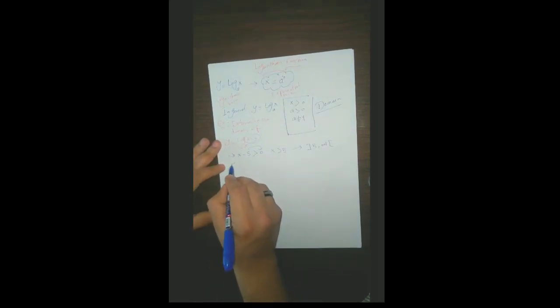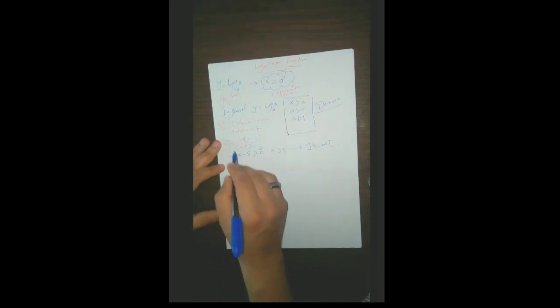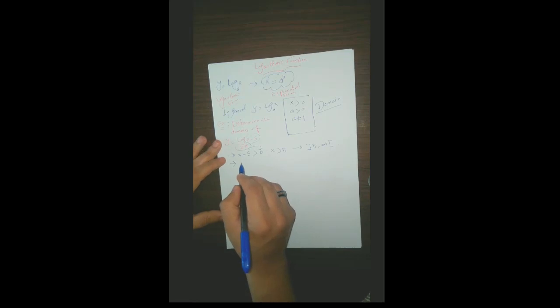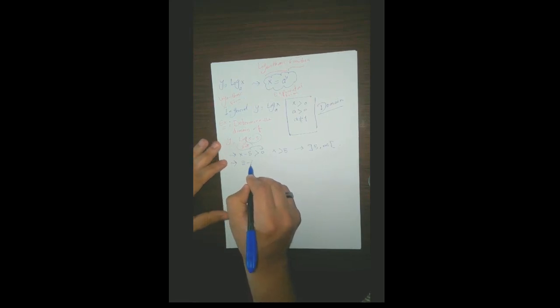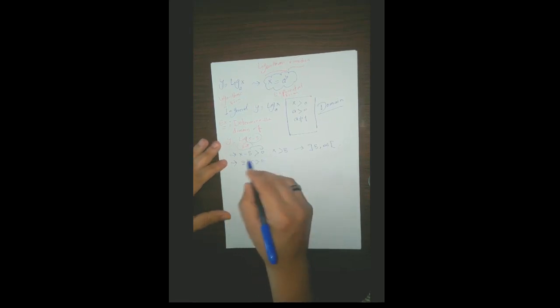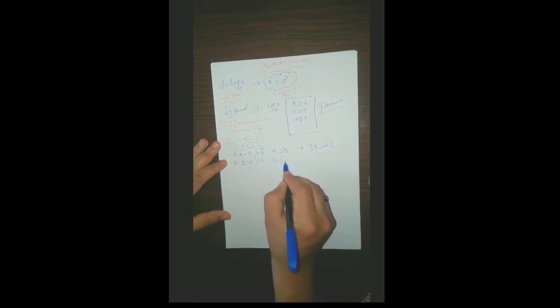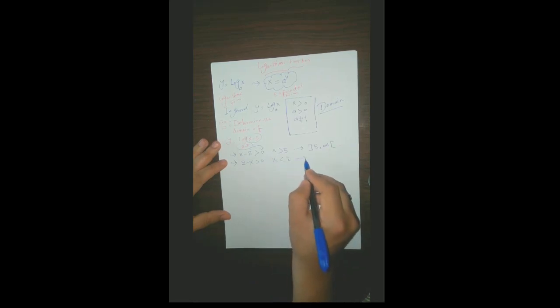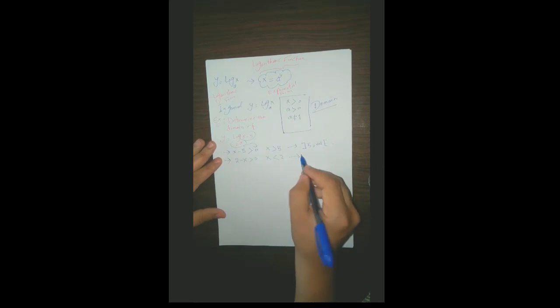Number two, 2 minus x must be greater than 0, so x is less than 2, and this means that the interval here is from negative infinity to 2.